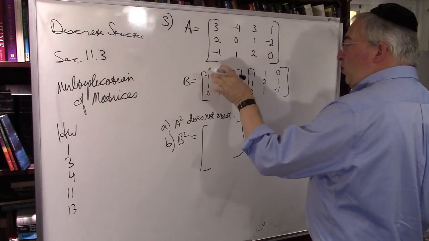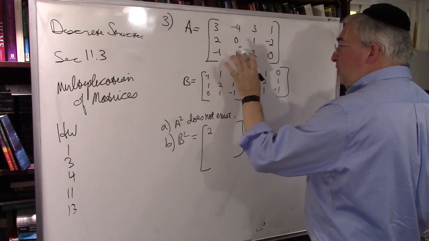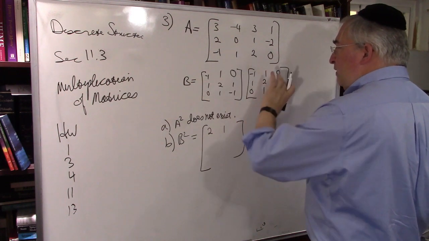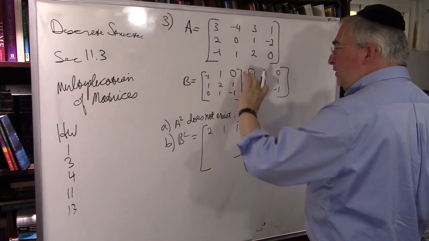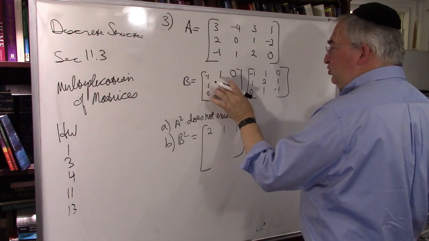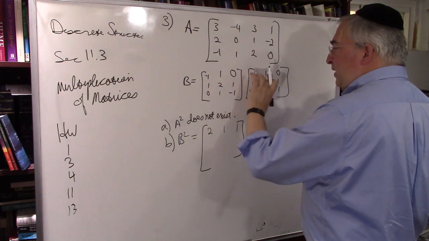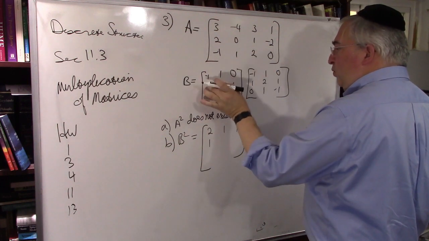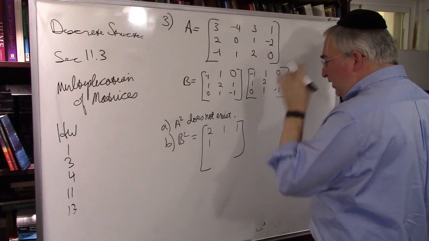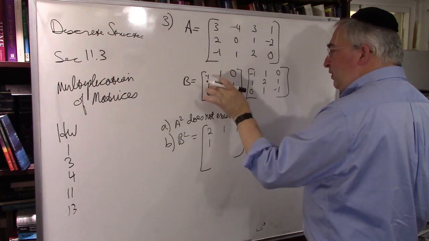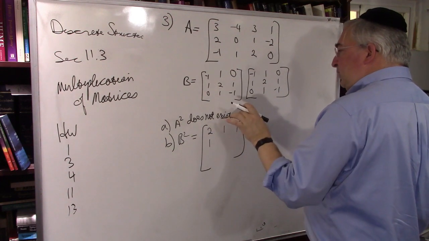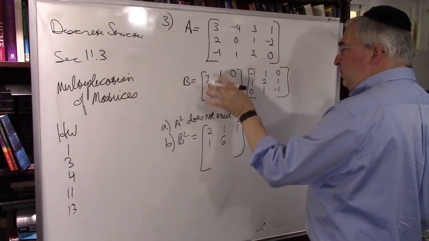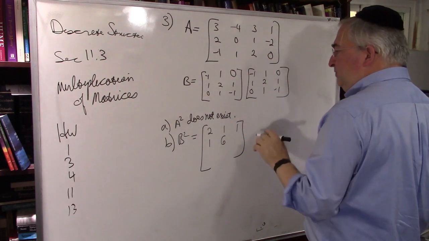Let's do it. 2 minus 1 plus 2 is 1. 1. Minus 1, 2 minus 1 plus 2 is 1. 1 plus 4 is 5, plus 1 is 6. 2 plus minus 1 is 1.